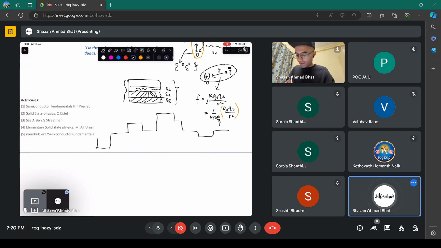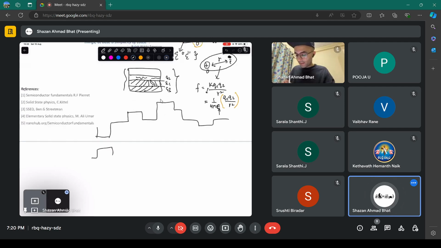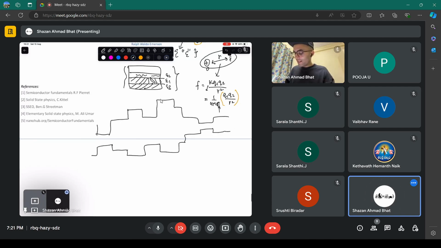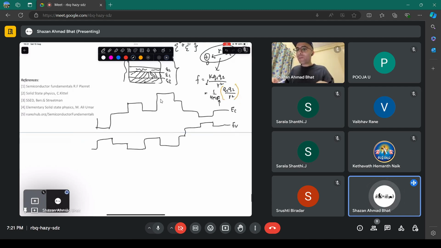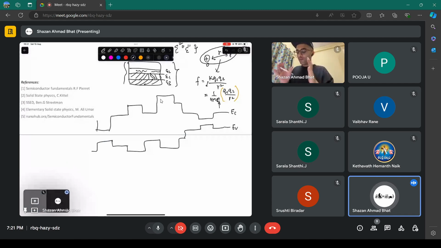So this is what the band diagram may look like when you combine different materials over one another.